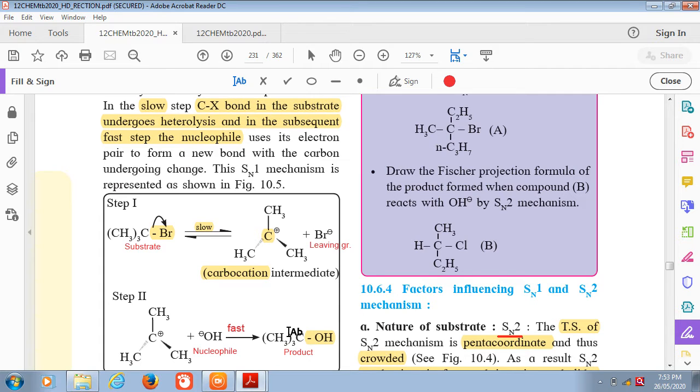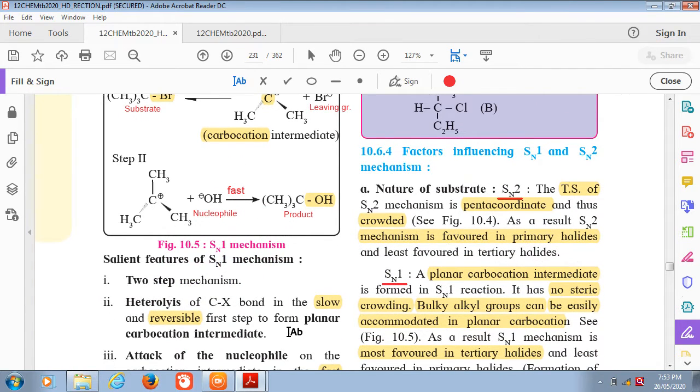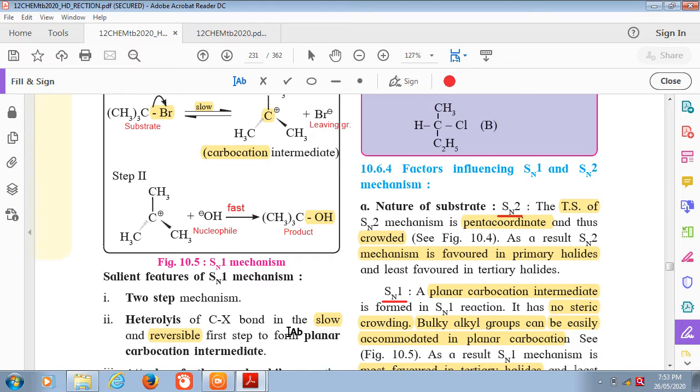So what are the features of this Sn1 reaction? It is a two-step reaction, as we just studied. First, there is a heterolysis, meaning the breaking of the C-Br bond in an unsymmetrical manner. As Br is more electronegative than carbon, Br goes along with the electron pair.